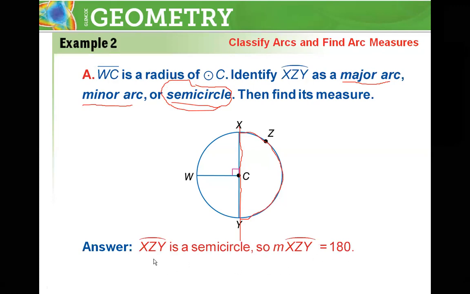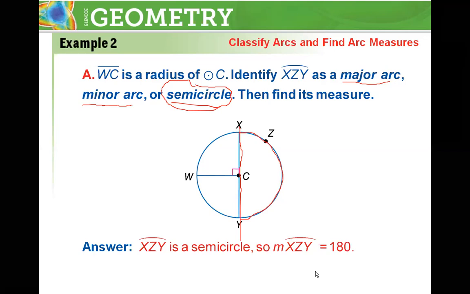We write it as you see now: XZY is a semicircle, so the measure of the arc XZY equals 180.